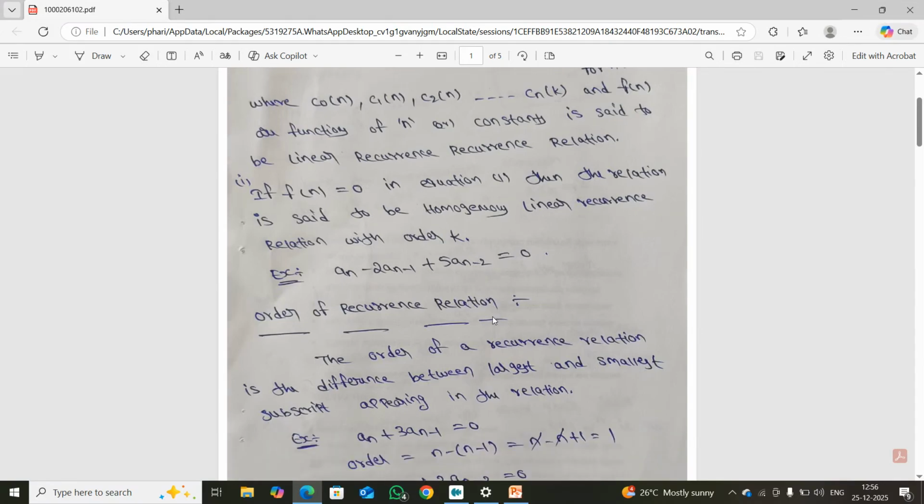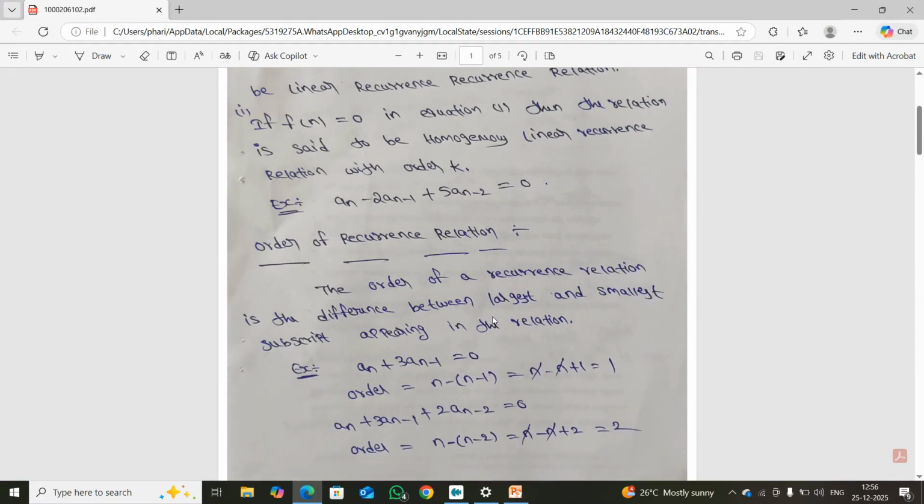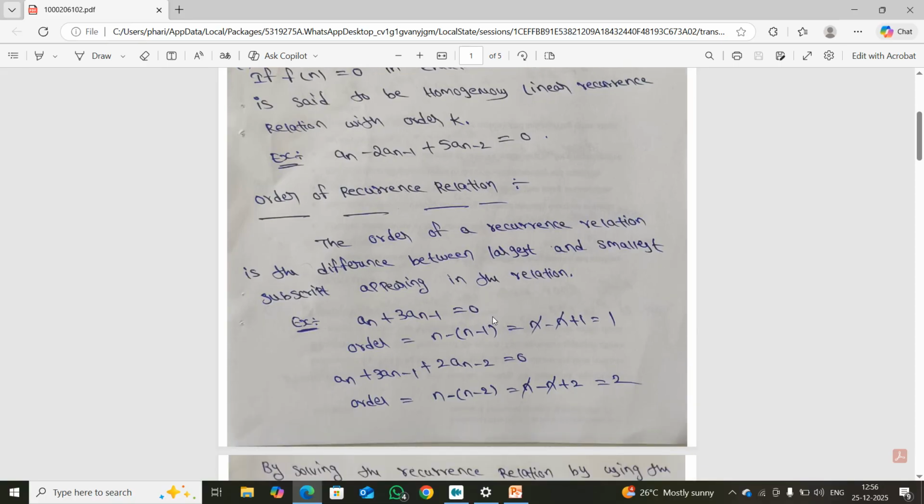Now we will discuss the order of a recurrence relation. How to find the order of a recurrence relation? The order of a recurrence relation is the difference between the largest and smallest subscript appearing in the relation. For example, a n plus 3a n minus 1 equal to 0.